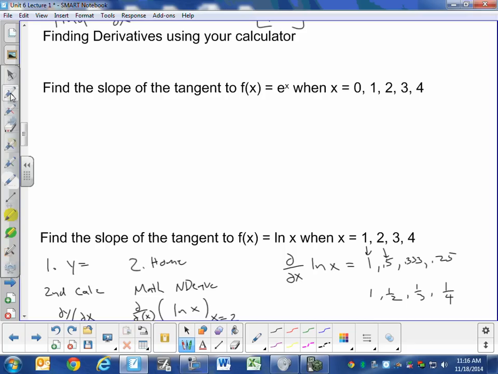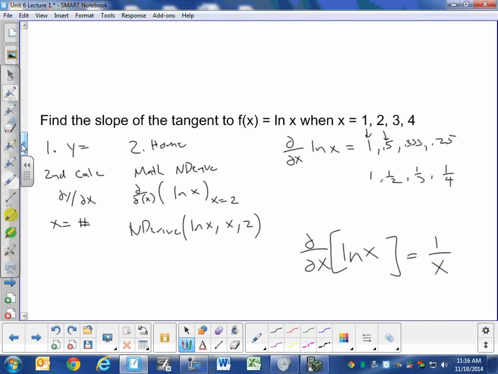You have to do nDeriv of your function. Okay, comma. You have to put a comma.